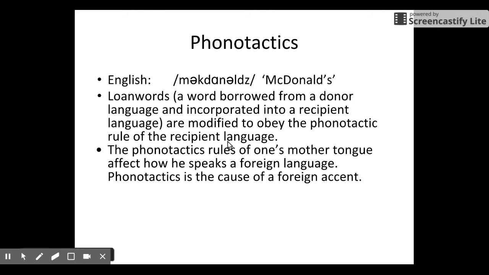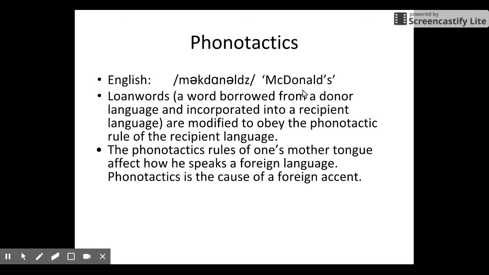So if we look at the loanwords closely, we can know the phonetics of the native language. So I'm going to talk about McDonald's because it's a very popular loanword in different language speaking communities.